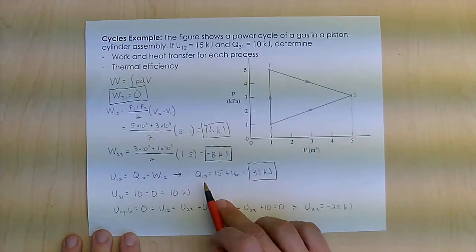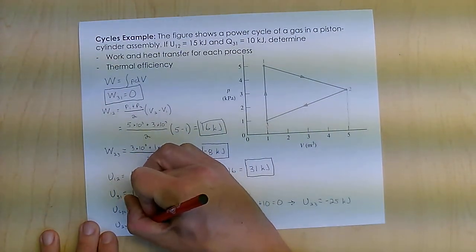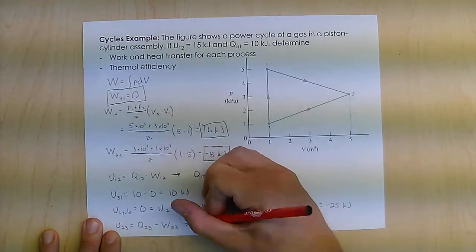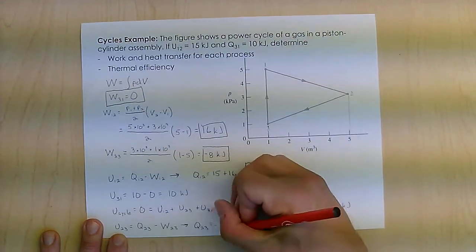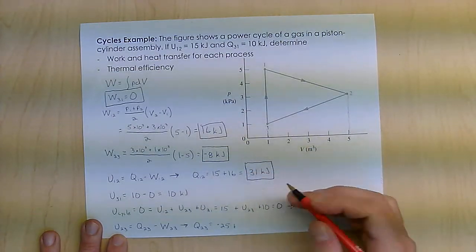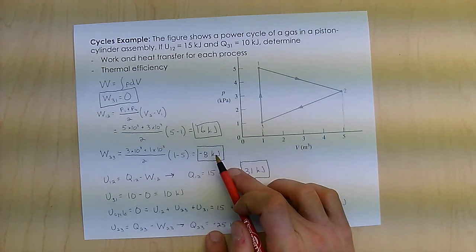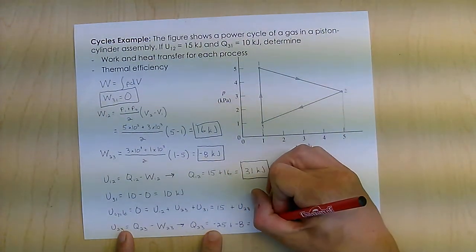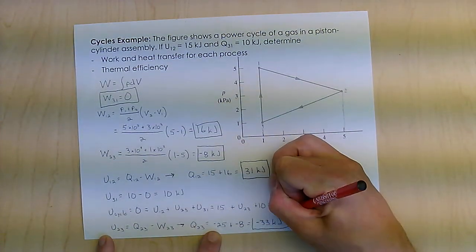So just like I did here, U2 to 3 equals Q2 to 3 minus work 2 to 3. From that, I can calculate Q2 to 3 equals U2 to 3, which is minus 25, plus work 2 to 3, which is negative 8, equals negative 33 kilojoules, and that is Q2 to 3.